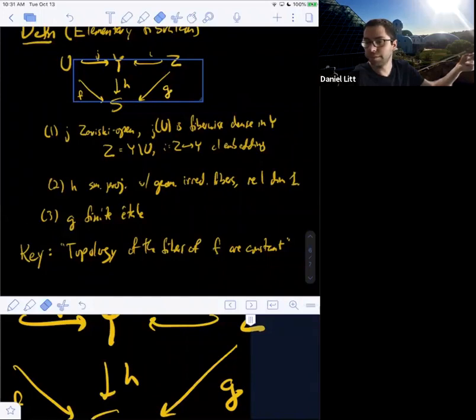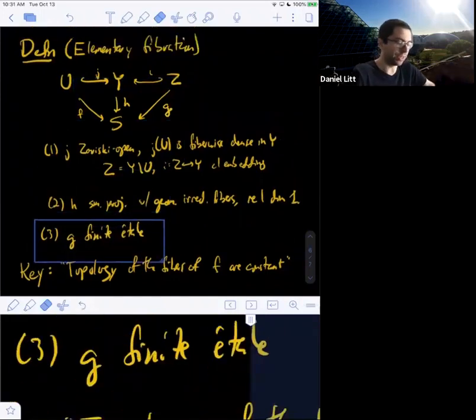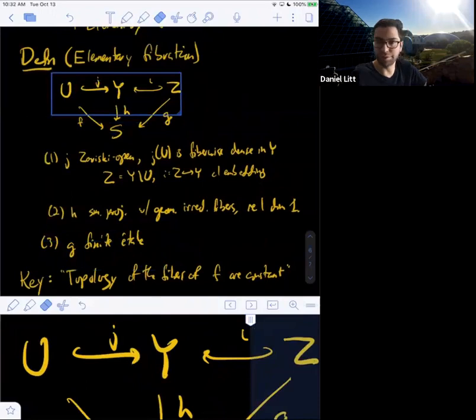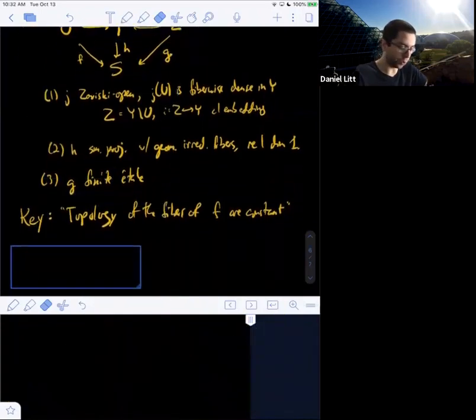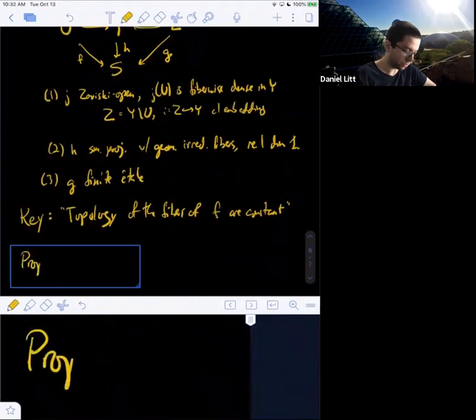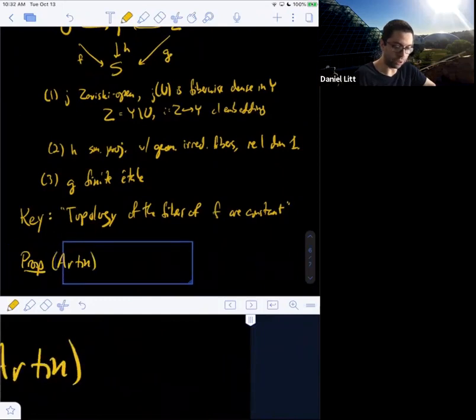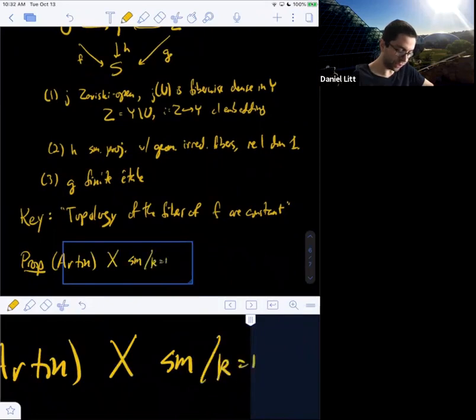But the proposition is that, okay, so this may feel like a very restrictive situation, and the important proposition, which is due to Artin, is that it's actually not at all restrictive. So these objects are totally ubiquitous. So here's the theorem. Suppose X is smooth over an algebraically closed field.